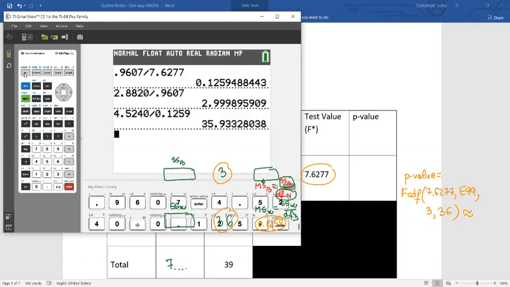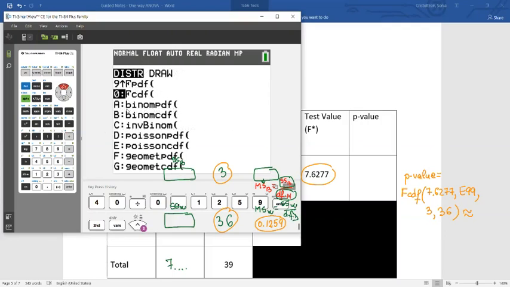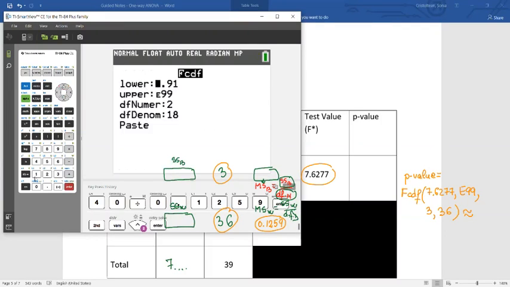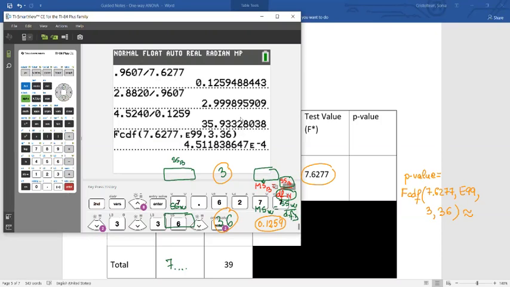We go to distributions, which are second bars. So next option after 9, it's FCDF. Hit enter and enter the values: 7.6277, upper is E99, degrees of freedom 3, and degrees of freedom for the denominator 36. And hit enter. This is a very small p-value.